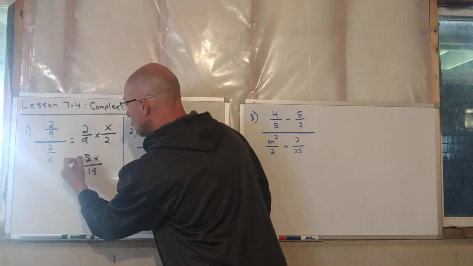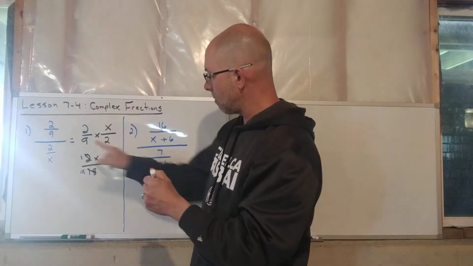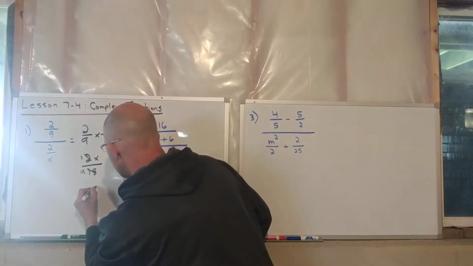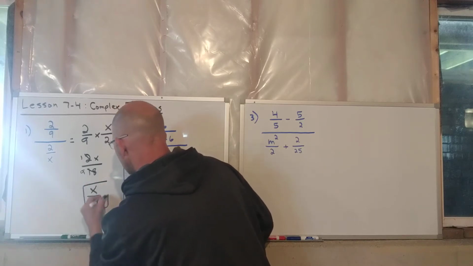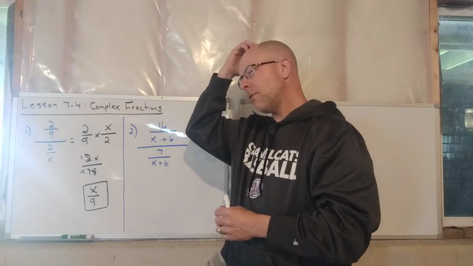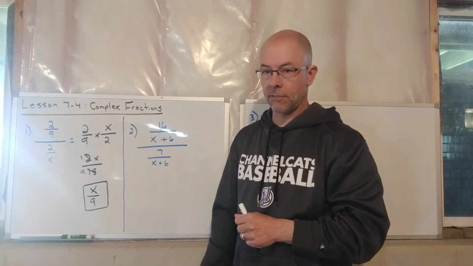So 2 goes in once, 2 goes in 9 times. We basically have 1x over 9, which most people would write as x over 9. And that's that. So you've kind of done that before in the division process. It's just written a little bit differently.